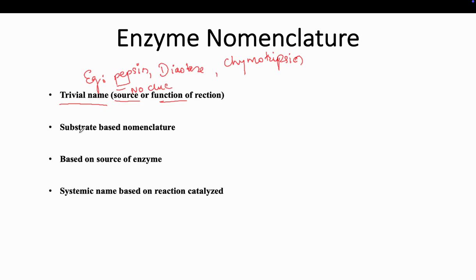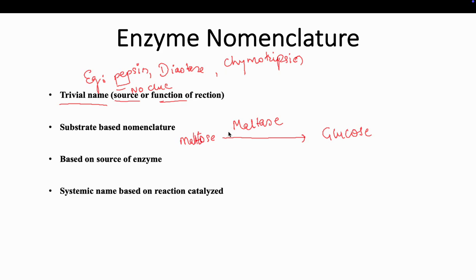Next, we can also name the enzyme based upon the substrate. There are a few enzymes like maltase. Now how is it labeled as maltase? It is substrate based, that is, maltose is the substrate. Maltose is a carbohydrate, and it is broken down by maltase into glucose.